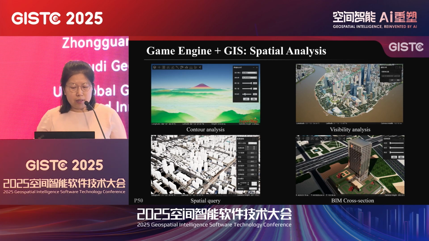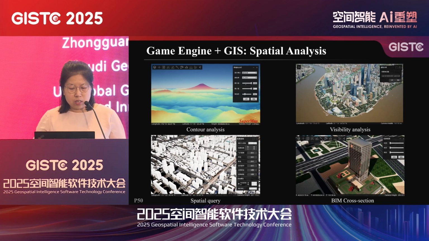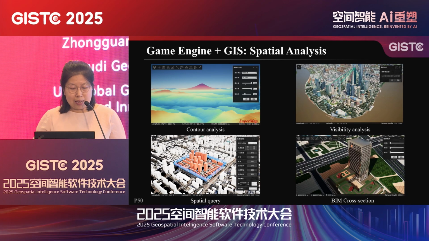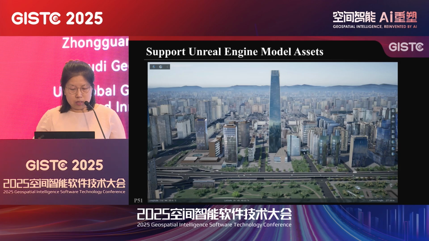By integrating this GIS data with game engine technology, we can perform a variety of spatial analysis. This analysis not only improves spatial understanding, but also can aid in making informed decisions across multiple industries, such as contour analysis, visibility analysis, spatial query, and BIM cross sections.